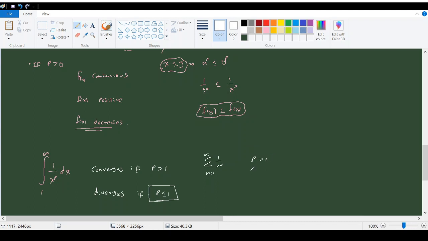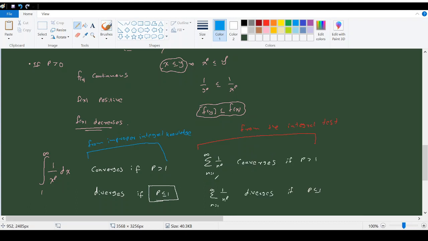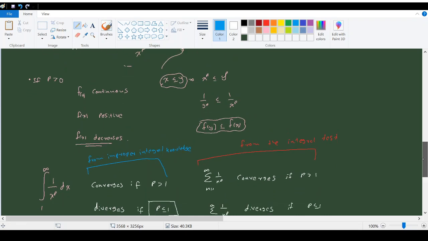So from the integral test we have that the series converges when this happens and it diverges when this happens. This is from the integral test, and this result that goes with the integral comes from the knowledge that we had in the section of improper integrals. And there's one more thing that we need to do, right?